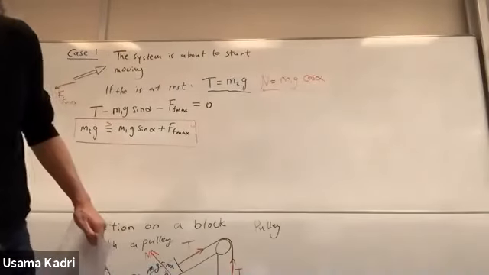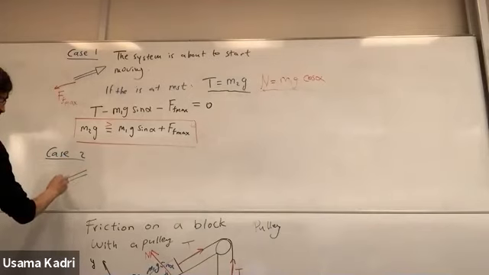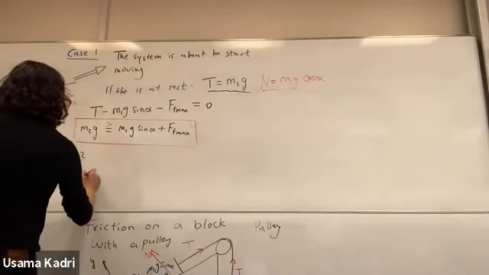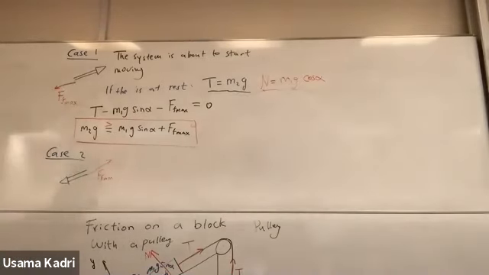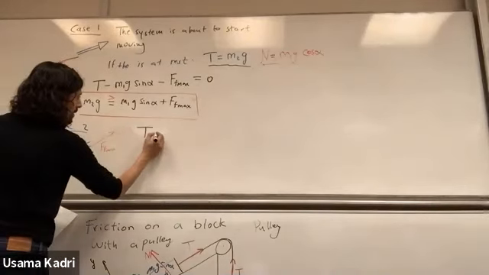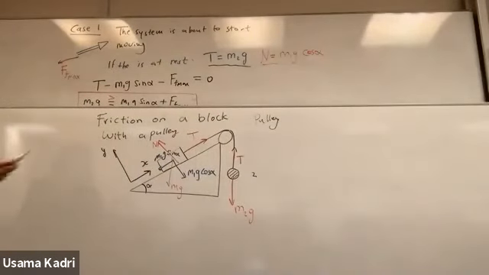Now the second case, case 2. Case 2 is that the object is just about to start moving in the opposite direction, which means the friction F max would be in the opposite direction. So I can write now T, right?